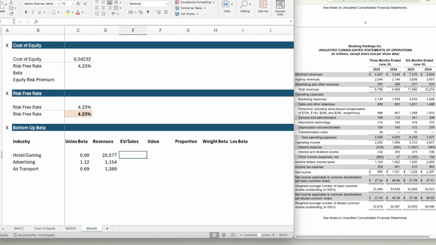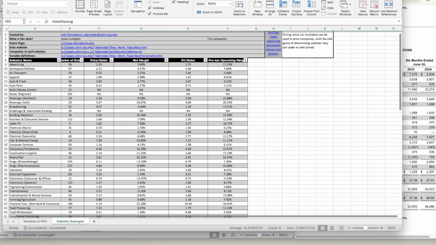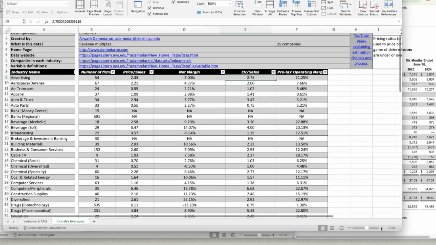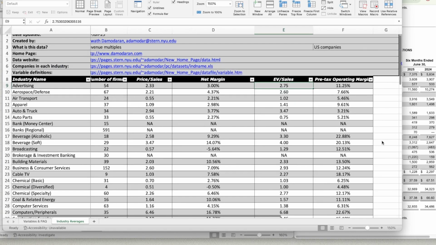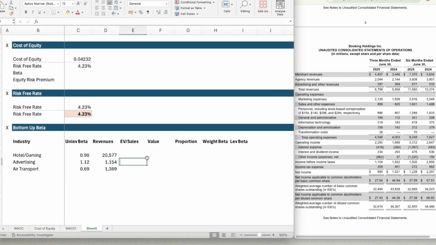Now for EV to sales, we use this spreadsheet. 2.75 for advertising. Is that visible? Is that better? Yeah, 2.75. For advertising, I'll do it as they become visible.